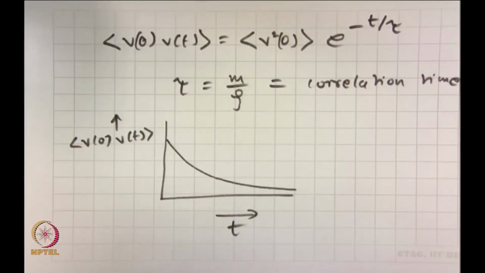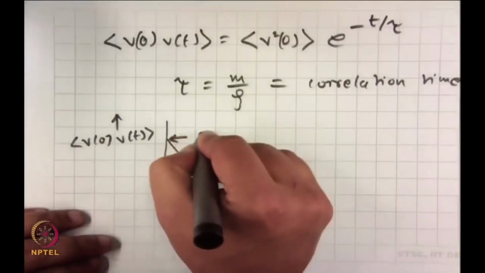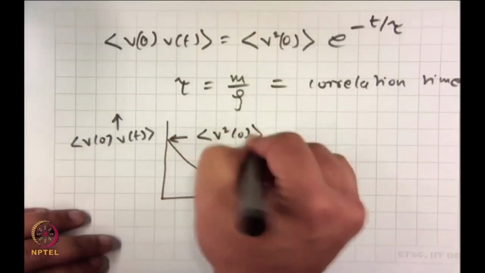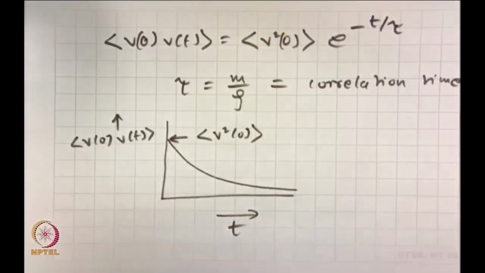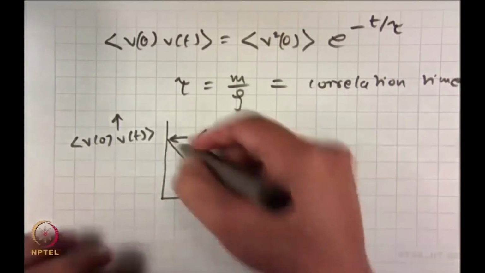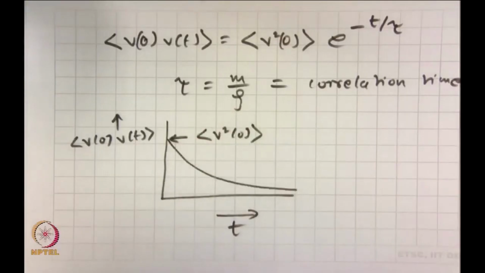Where will it start from? At t equal to 0, what is the value of the correlation function? Very good. At t equal to 0, it is v square 0. Now, it decays as a function of time. What parameter defines its decay? Tau. That is why tau is the correlation time.